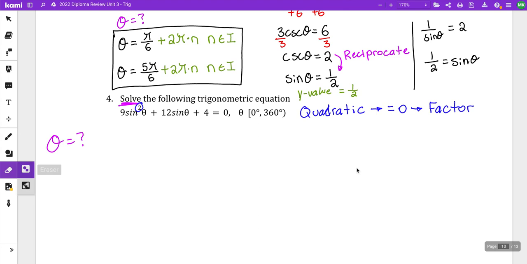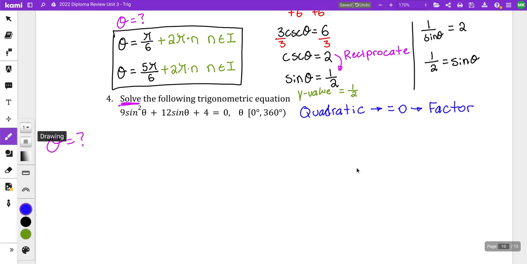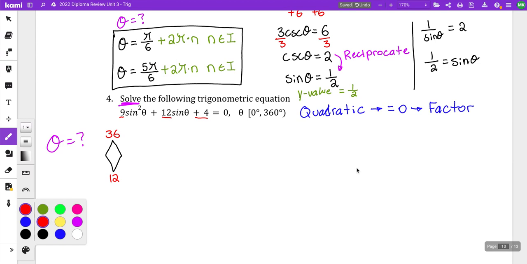To factor this thing, I'm looking for things that multiply to be 9 times 4, which is 36, and add to be 12. 6 times 6 equals 36. 6 plus 6 equals 12.